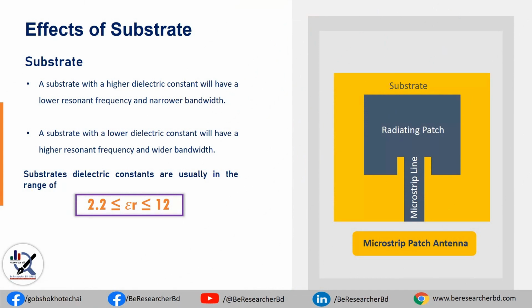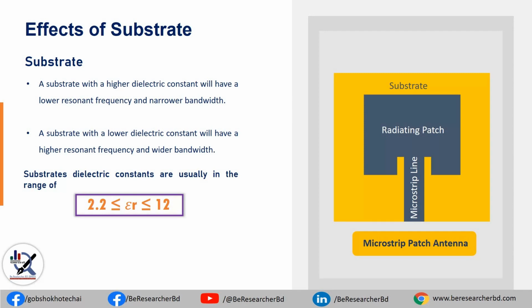The ones that are most desirable for good antenna performance are thick substrates whose dielectric constant is in the lower end of the range because they provide better efficiency, larger bandwidth, and loosely bound fields for radiation into space, but at the expense of larger element size.